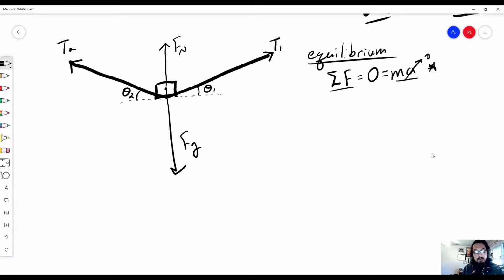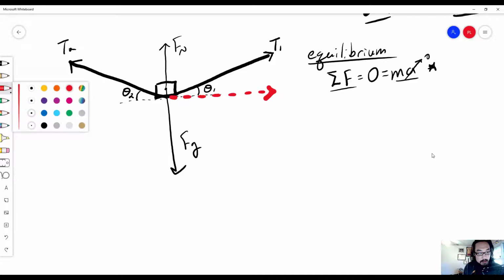All right, if I wanted to break up T1 into its components, I would break it out like so. I take a look at T1 and think to myself, okay, T1 is being pulled upwards and to the right, and so my component will reflect that. This is my horizontal component. I'm going to make this a little smaller.